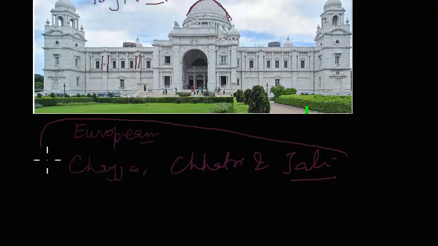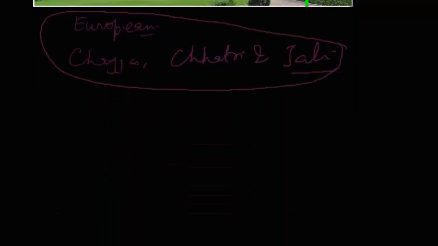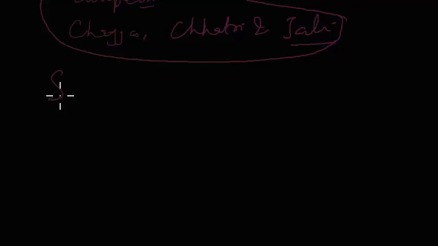In Mughal architecture, or before that during Islamic times, I told you about the concept of Indo-Saracenic architecture. What does Saracenic mean? If you recall, Saracenic means Arabic or Islamic. The Romans called the architecture of Arab countries Saracenic architecture.